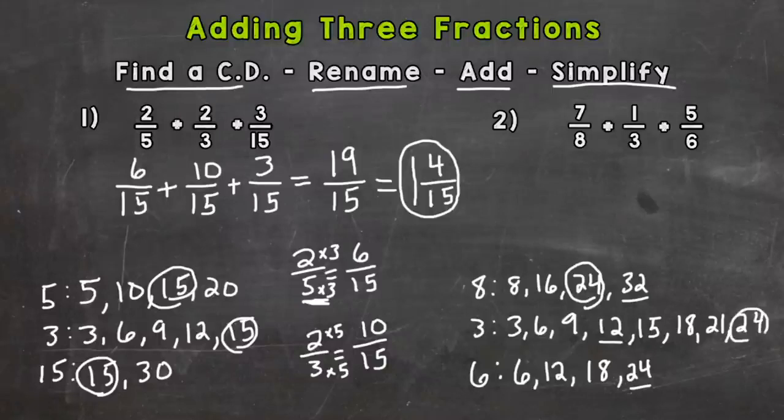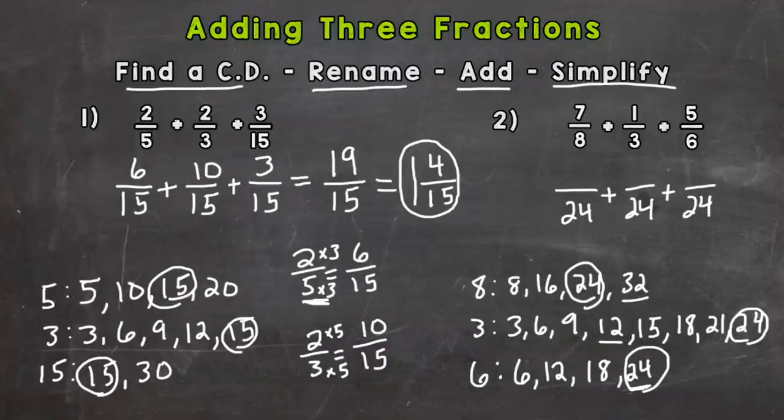Our least common multiple is 24, so that is going to be our least common denominator. So let's come up here, 24, 24, and 24. So time to rename these fractions with a denominator of 24.